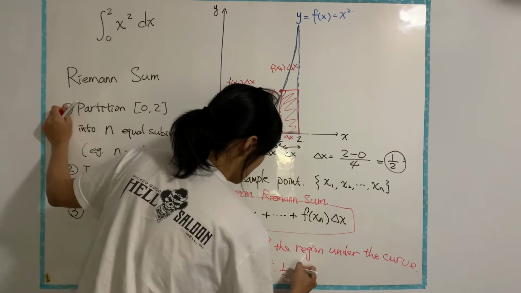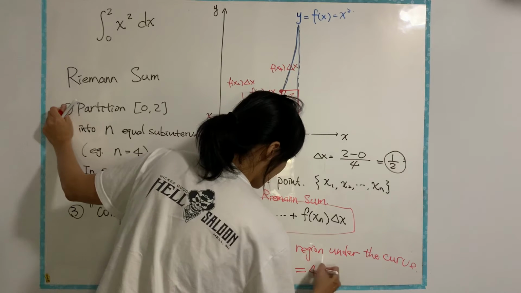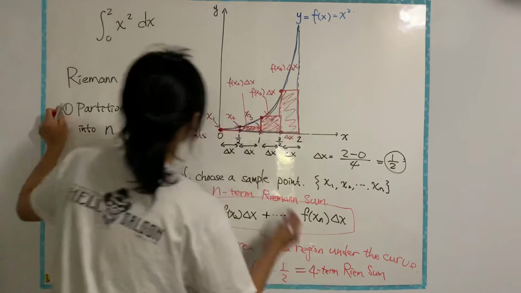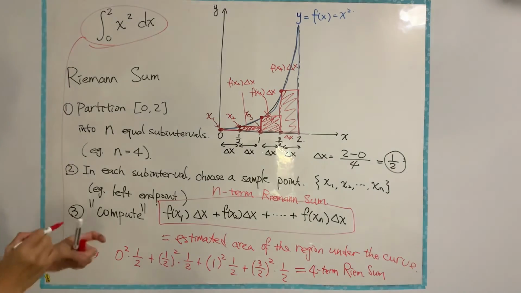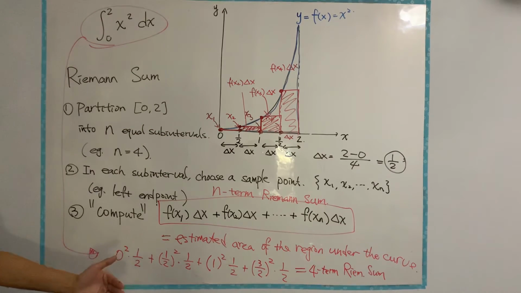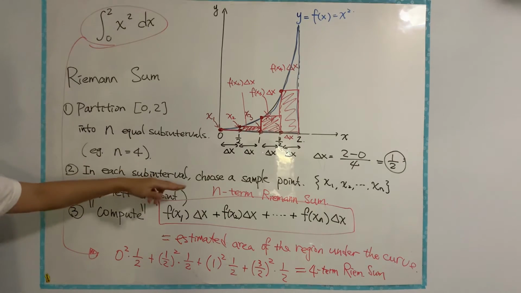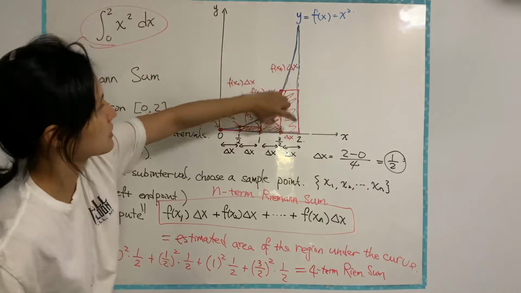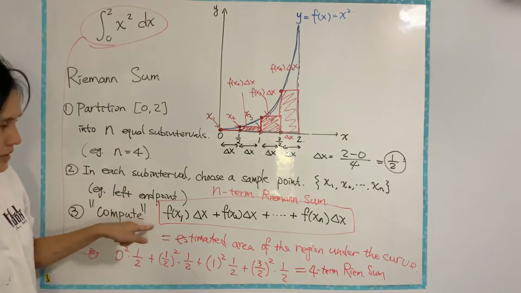So this is the four-term Riemann sum of the integral. Okay? Because we chop the interval 0, 2 into 4 pieces, and for each subinterval we choose a sample point that gives me the height of a rectangular region that later I will use to estimate the area that I care about.